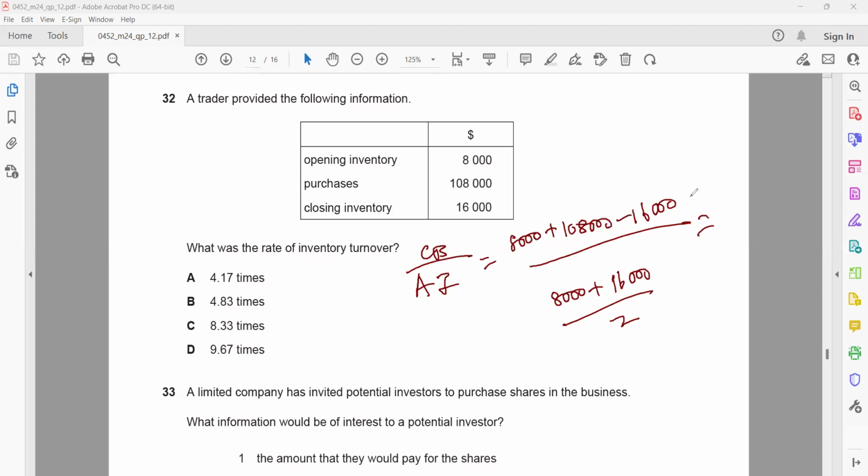So we get 100,000, and then 88,000 plus 16,000 divided by 2. So we get 12,000. Then 100,000 divided by 12,000, so we get 8.33. So the answer should be C. Okay. Now next, continue.